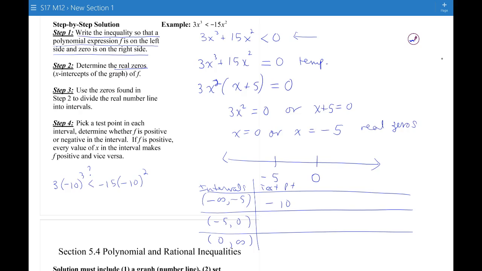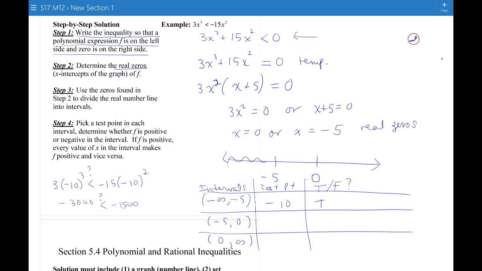Well, -10 cubed, 10 times 10 is 100, times 10 is 1,000. This is -3,000. And I want to know if that's smaller than -1,500, since 10 times 10 is 100, times 15 is 1,500. And -3,000 is smaller than -1,500. So I get true here.